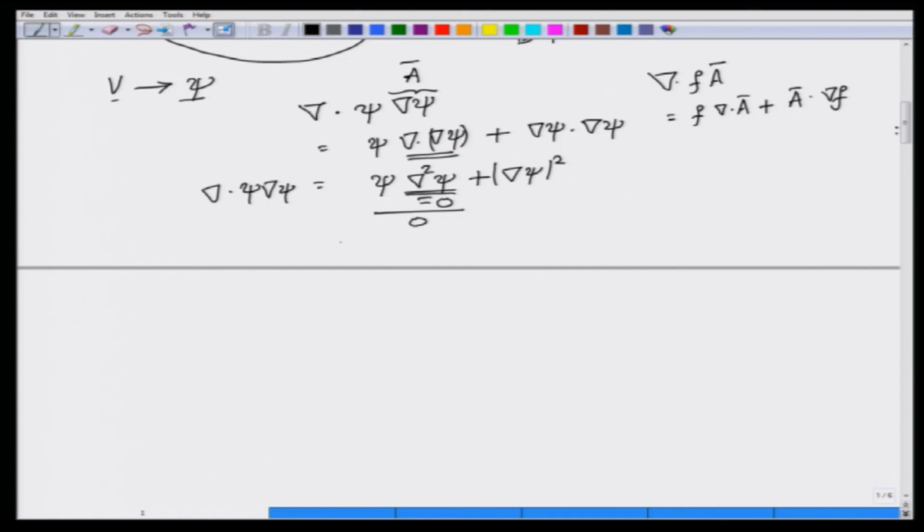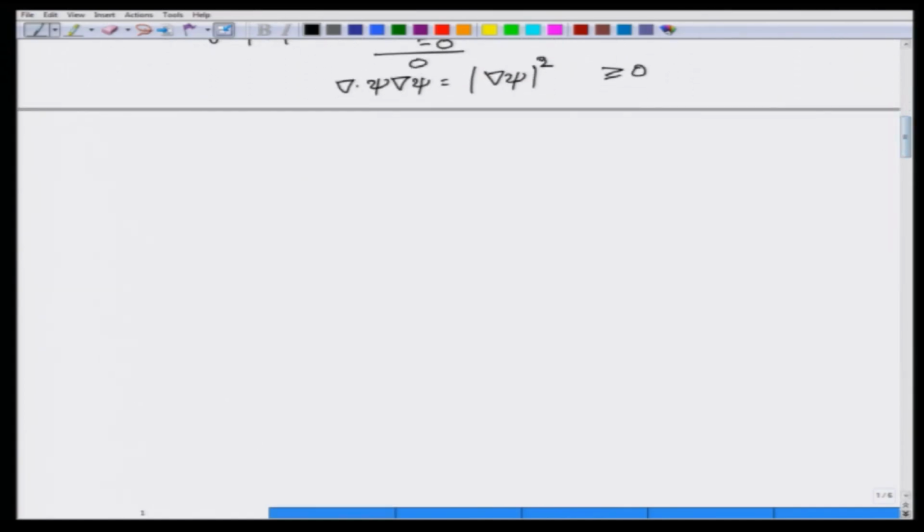What we are left with is a quantity which is greater than or equal to 0. It can at most be equal to 0, but it can never be negative. Why can it not be negative? This is a magnitude square. Whenever you take the magnitude of a number, it will always be positive, or at most equal to 0 when the number itself is equal to 0.